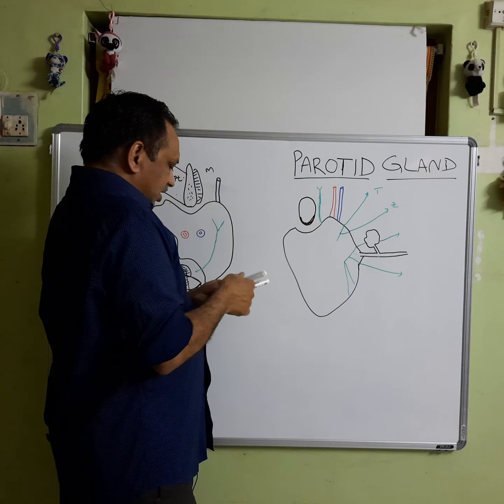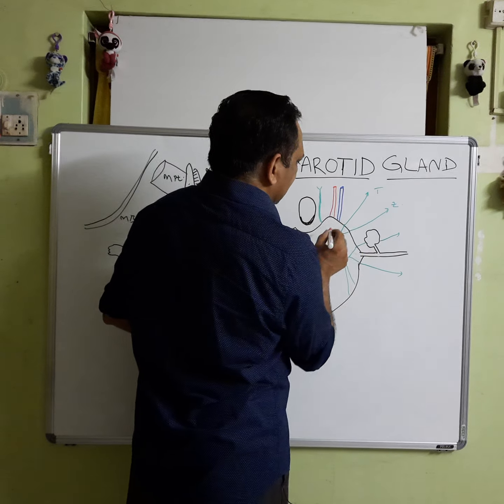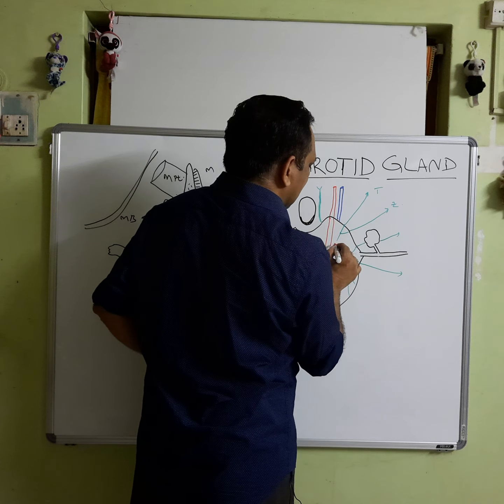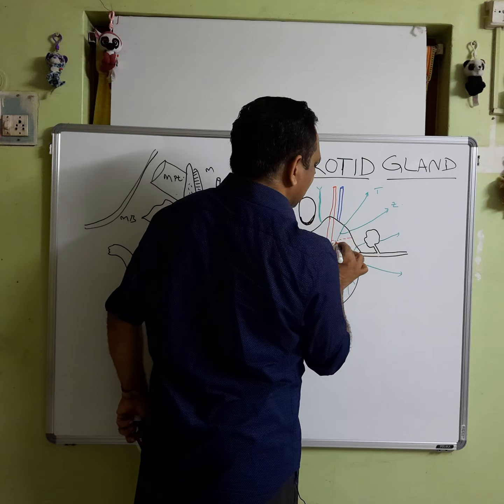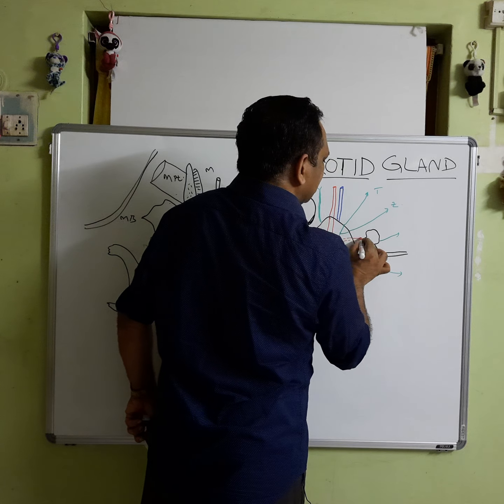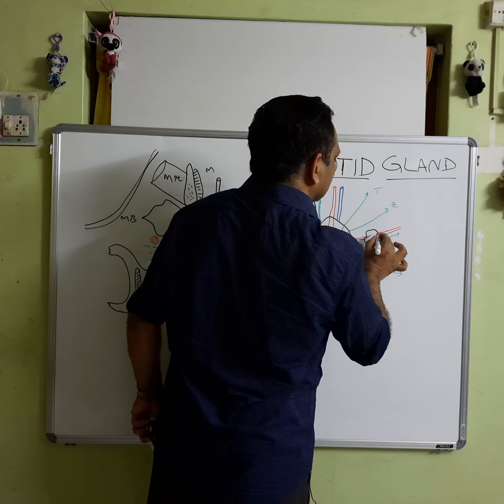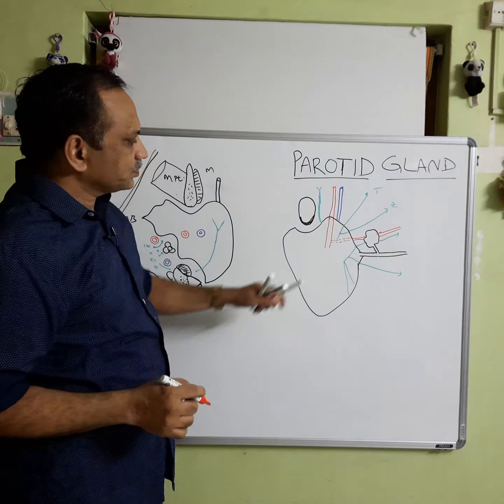This superficial temporal artery gives a branch within the gland, that is the transverse facial artery, which passes through the gland and passes between the buccal branch and the zygomatic arch. This is the transverse facial artery.